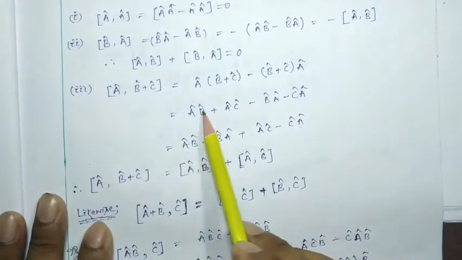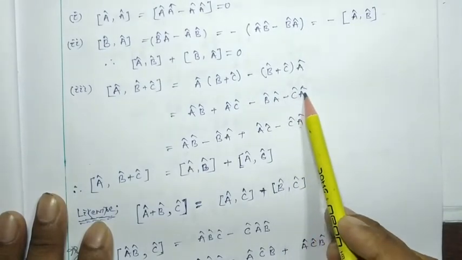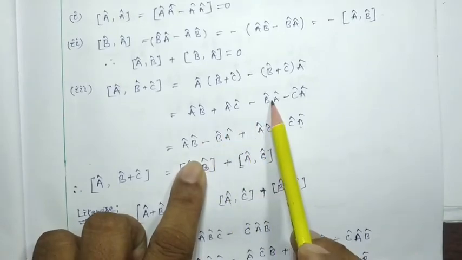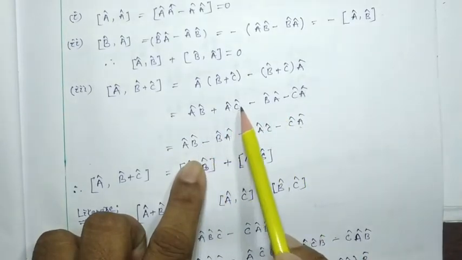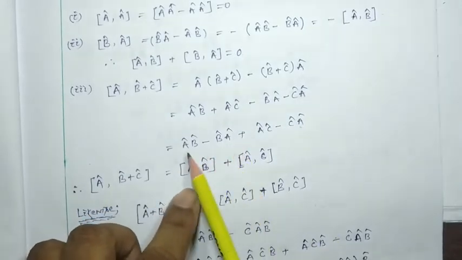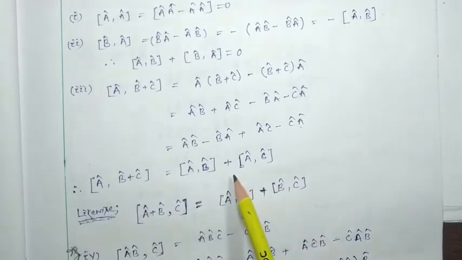So it will be A cap B cap plus A cap C cap minus B cap A cap minus C cap A cap. So if I take A cap B cap and B cap A cap together, and A cap C cap and minus C cap A cap, then this will be nothing but the commutation of A cap B cap plus the commutation of A cap C cap.